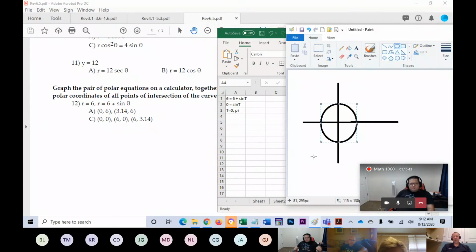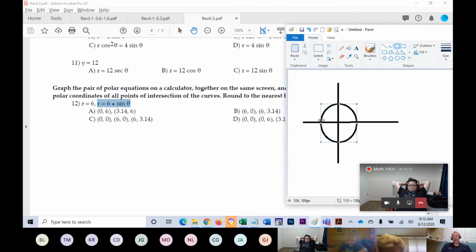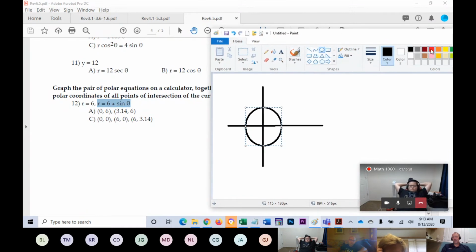Since I can't draw a limacon, I'm going to do my best. Let's draw this limacon here really quickly. I'm going to tell you what the answers are right here. I'll use red. The answers are going to be... oh, I didn't mean to do that. That's okay. Now I'll go back to black. Now I'll go to green.